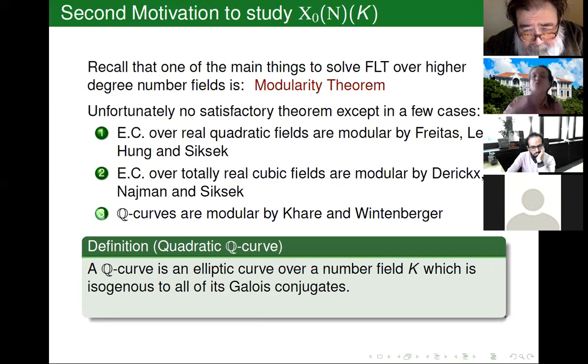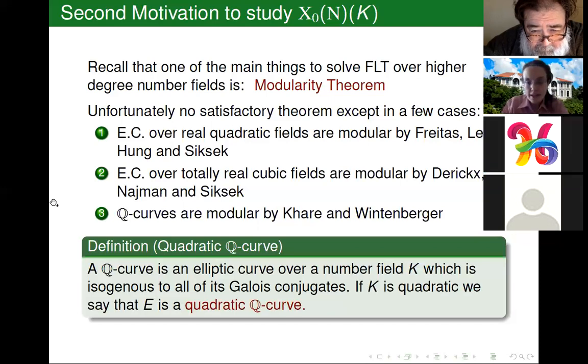But up to isogeny, it is rational. The isogeny class is fixed. And if this K is quadratic, we say that E is a quadratic Q-curve. Okay. And what we know about Q-curves is that they are modular. So it's a big class of elliptic curves, and we know they are modular.